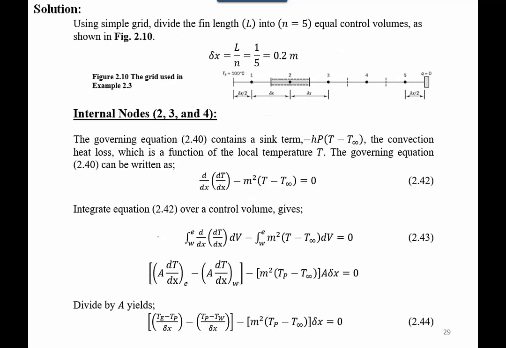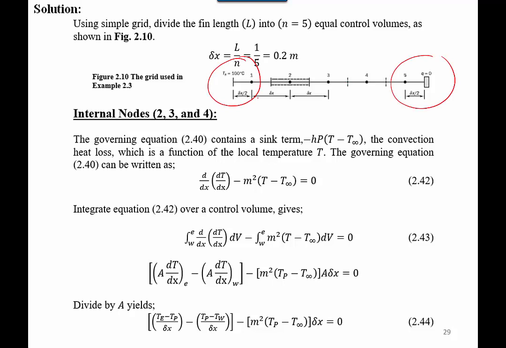As usual, we start our solution by dividing our domain into a number of control volumes. Here we choose 5 control volumes, therefore delta x will be equal to L over n, which is 0.2 meters, as shown in figure 2.10. Here, this is the base, and this is the insulated end.